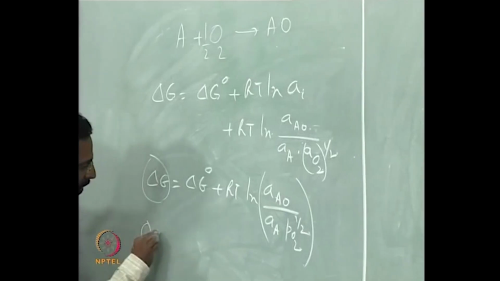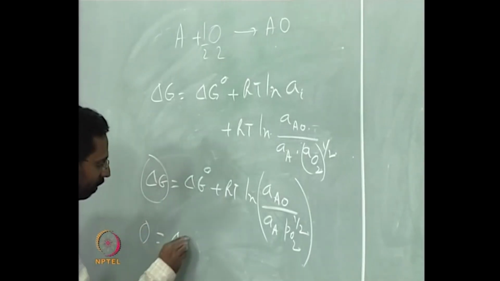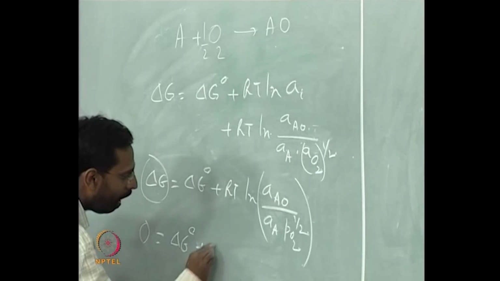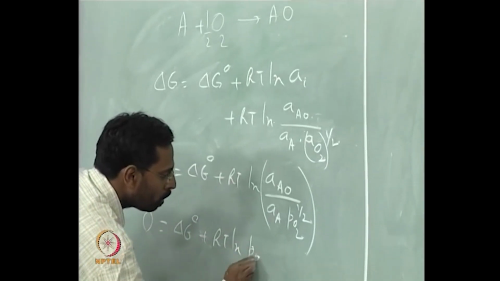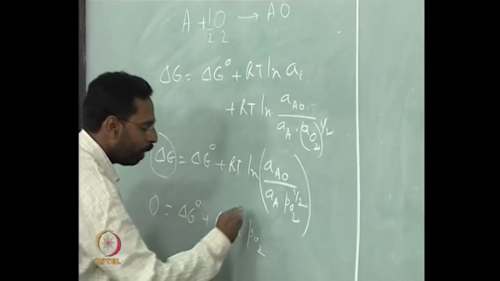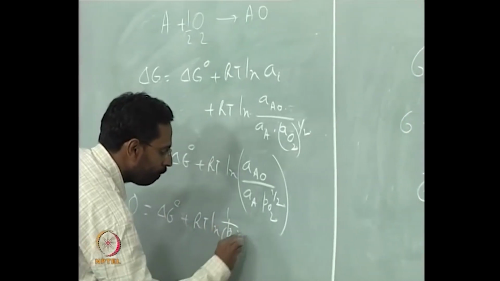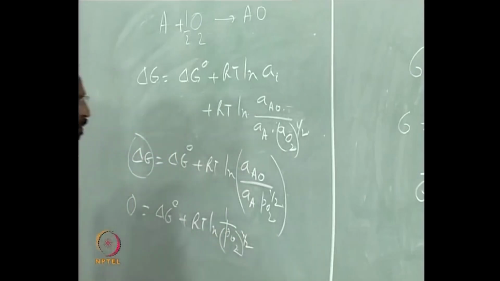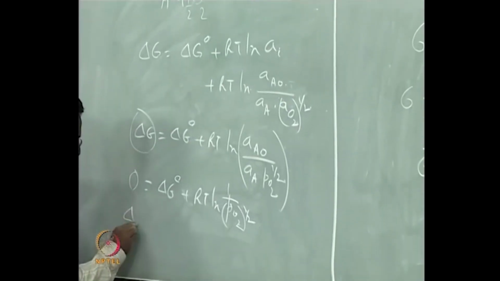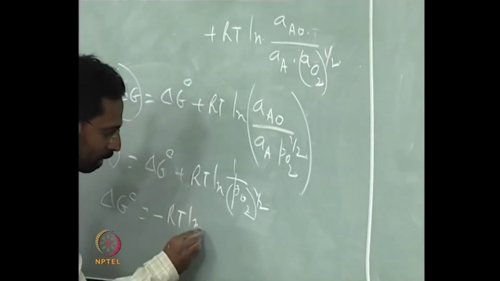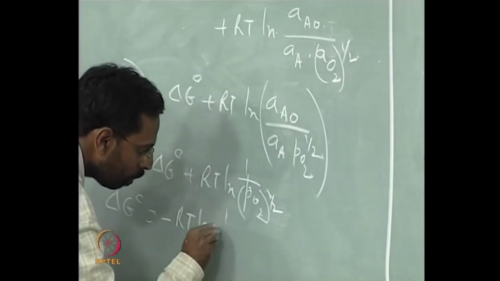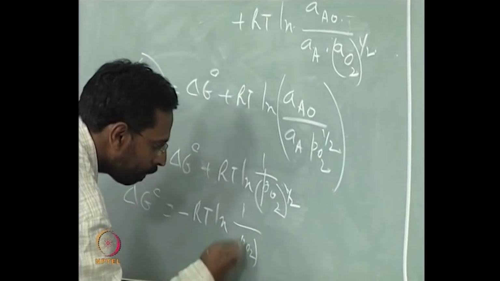So, you can write 0 is delta G naught plus RT ln of 1 by PO2 to the power half. And this is where we say delta G naught is equal to minus RT ln of 1 by PO2 to the power half.